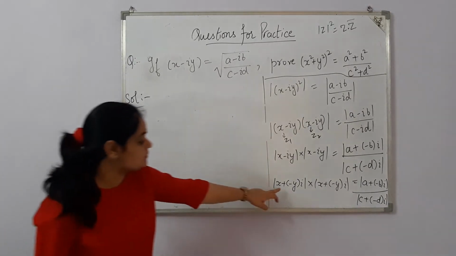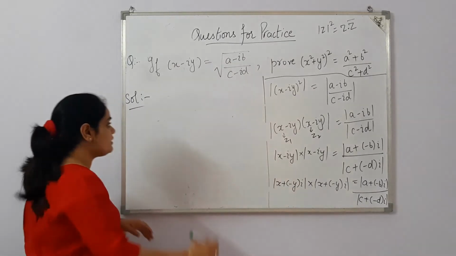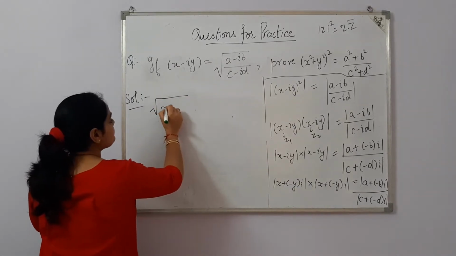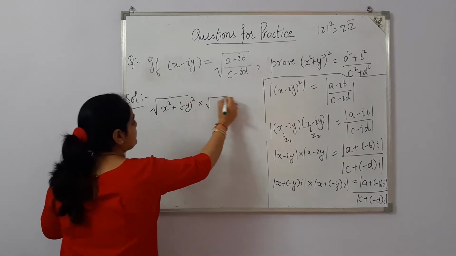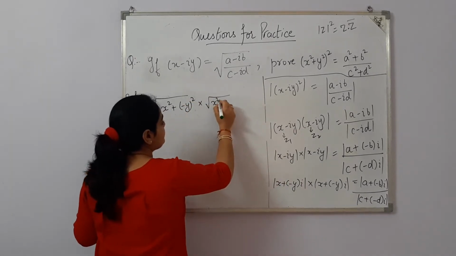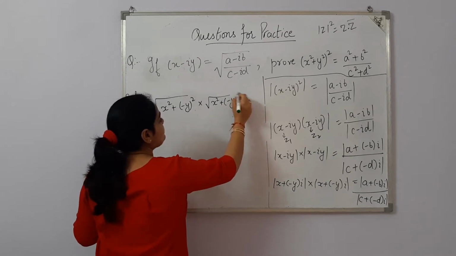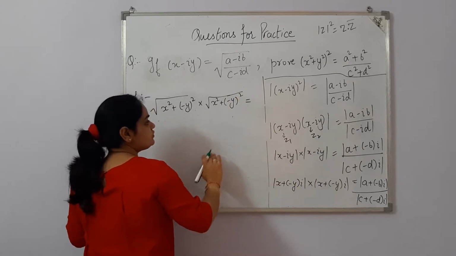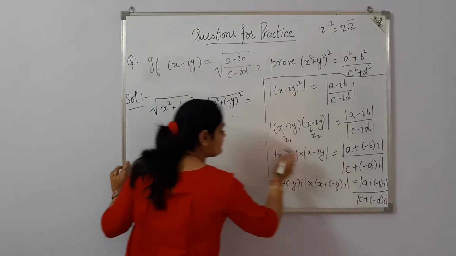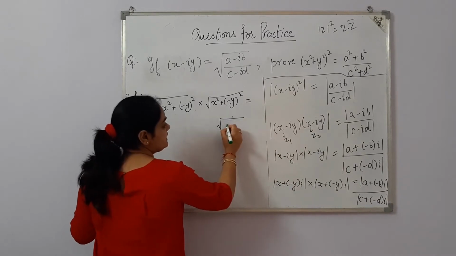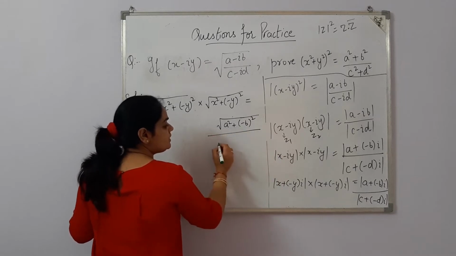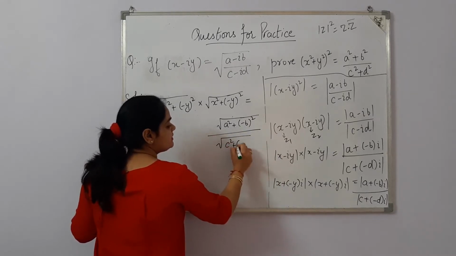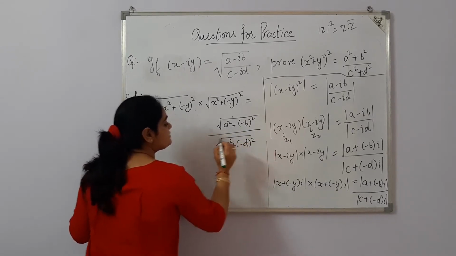So x plus of minus y iota's modulus is under root of x square plus of minus y's whole square. Again x square plus of minus y's whole square is equal to a plus of minus b iota. It is saying a square plus of minus b square whole upon c square plus of minus d's square.